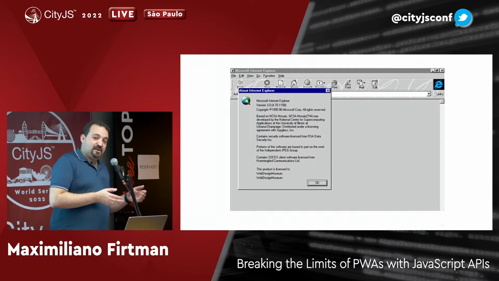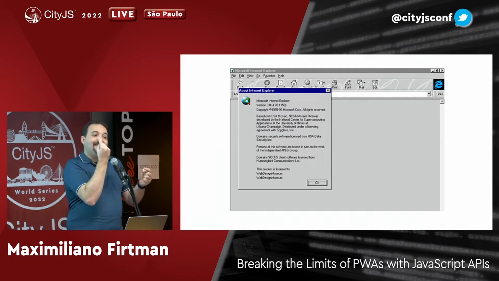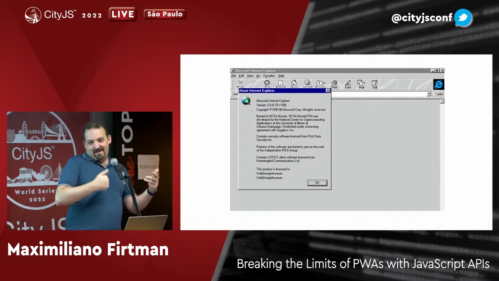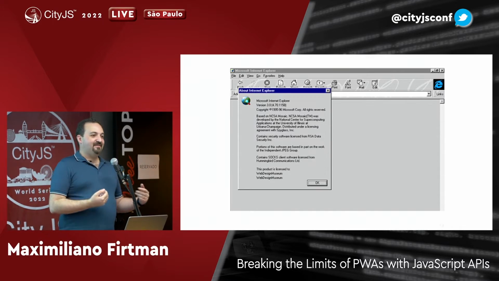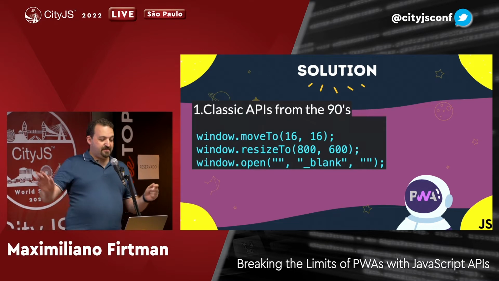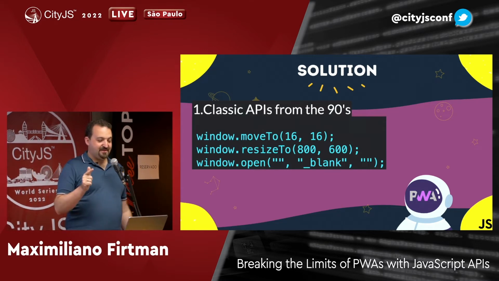When browsers started using tabs, now one tab cannot touch the window because, hey, it's not just my tab, there are other tabs here. So that's why browsers stopped using that API. Now we can go back to those APIs from the 90s, and they're still here, and they're useful for when you're doing PWAs for desktop. It's just window.moveTo, window.resizeTo, and window.open.